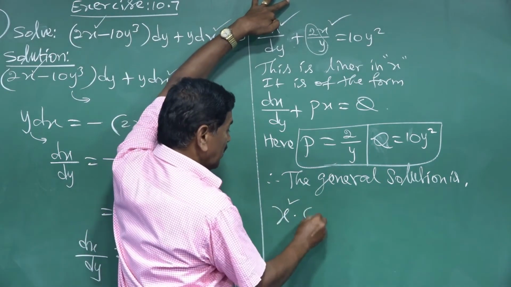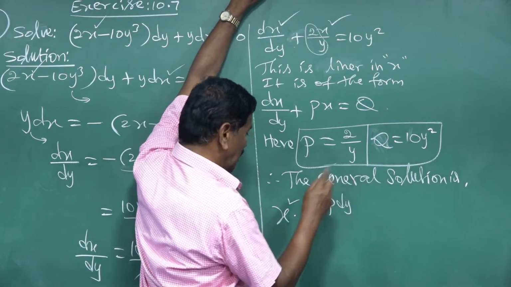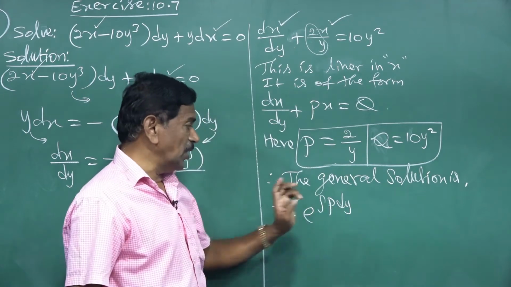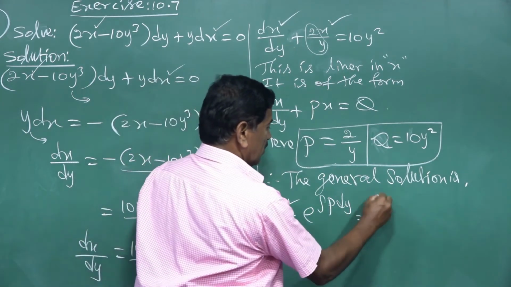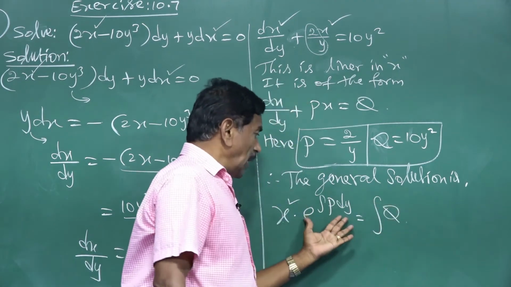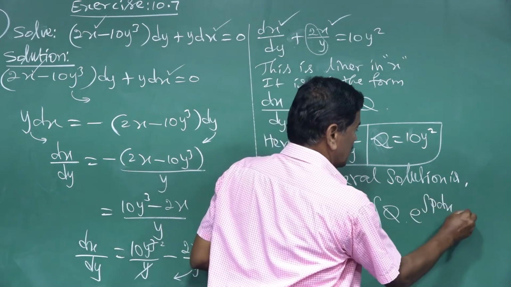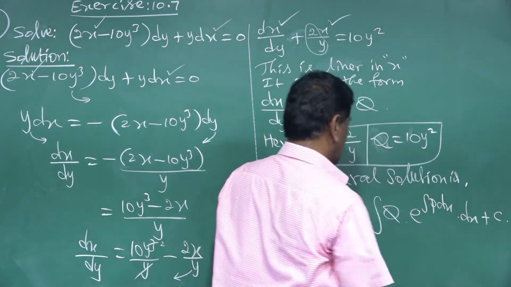So x into e power integral P dy, listen to the technique, x opposite dy, which is equal to the integral of Q into the same e power integral P dy, into dy, plus a constant.